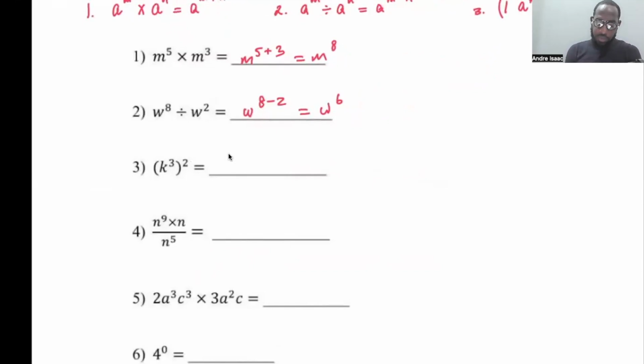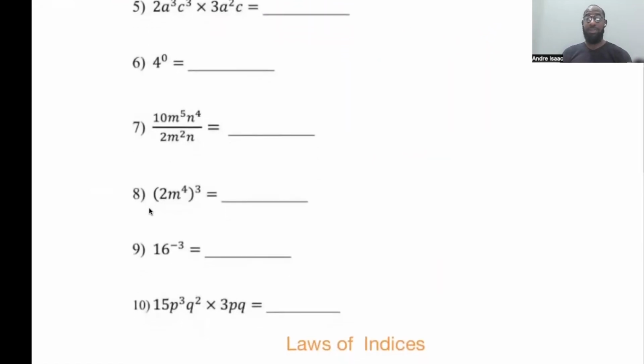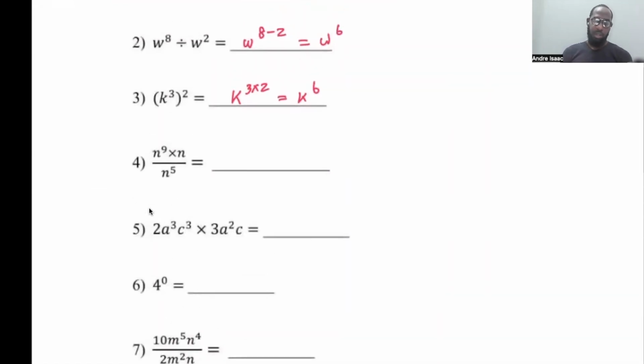We say k to the power 3 times 2, we multiply the powers, and that is equal to k to the power 6. Now, the question could come a little more challenging than just this, meaning the number in front of k is 1. There's something extra we have to do, but we'll focus more on number 8. So when we reach there, just stick a pin in here.